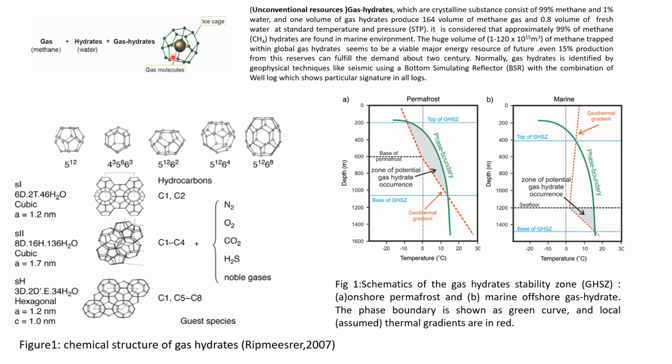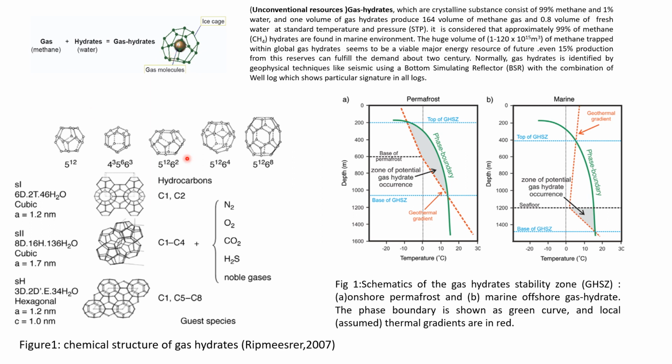Normally gas hydrate can be identified by geophysical techniques like seismic and well logging. In seismic, the most prominent indicator is the BSR, the bottom simulating reflector, which is very clearly visible on the seismic section wherever we find gas hydrate. Well logging also plays a very important role in characterizing gas hydrate deposits.